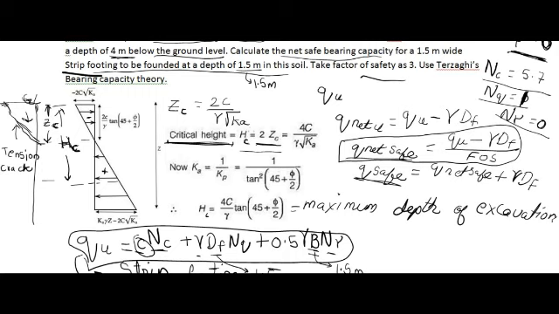Hence Hc, the critical height up to which excavation can be carried out, is twice Zc, which is 4 times C by gamma under root Ka.